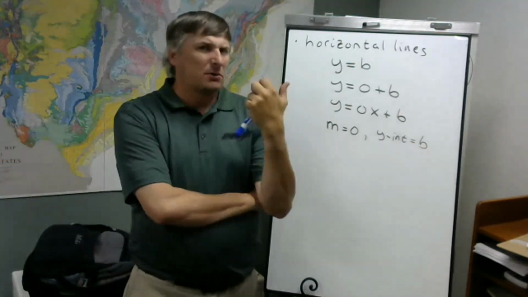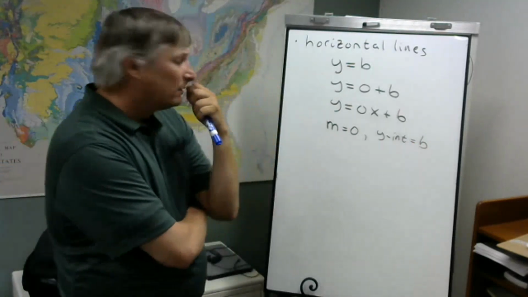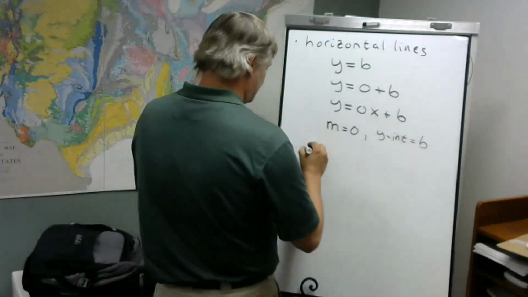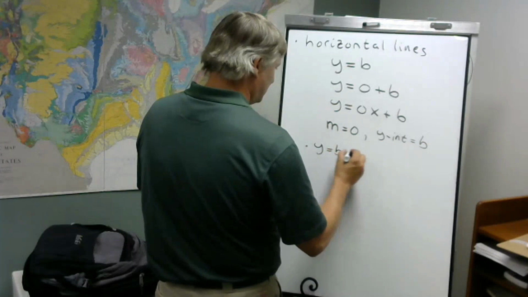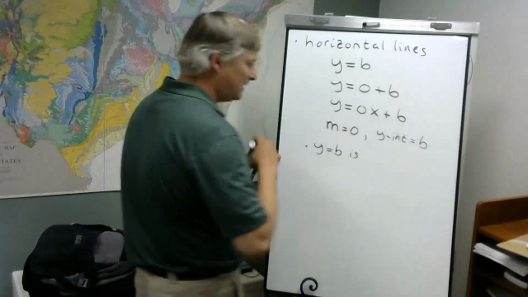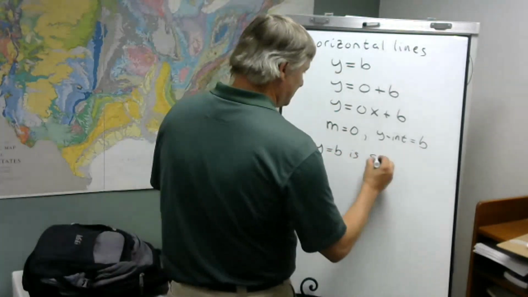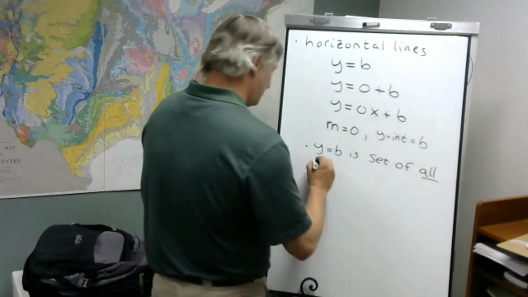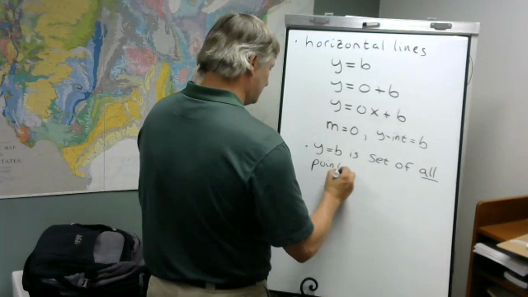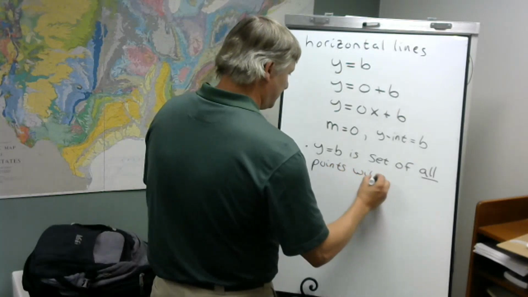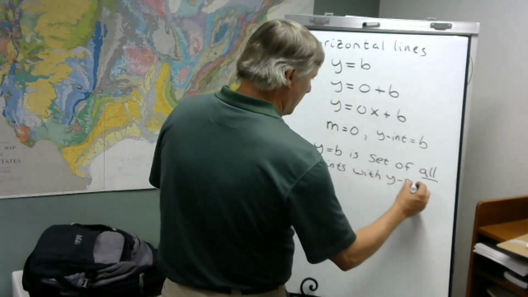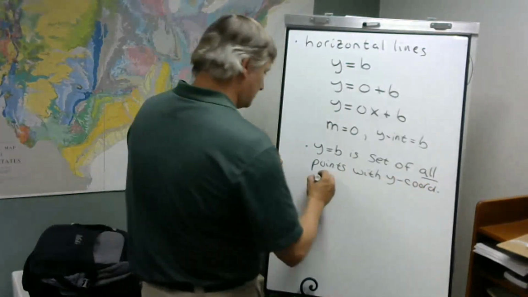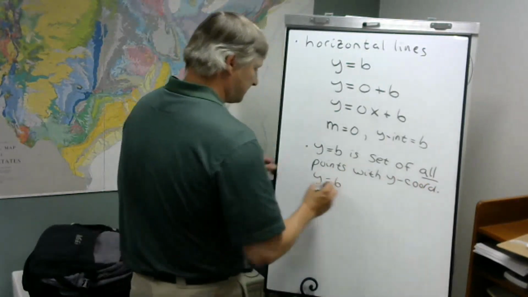So how do we know these are horizontal lines? Well, what y equals b means is this means a set of all points with y-coordinate, I'm going to abbreviate coordinate, y equals b.